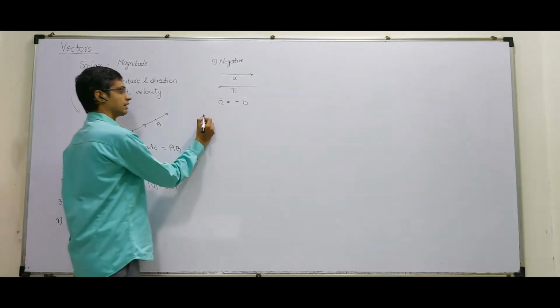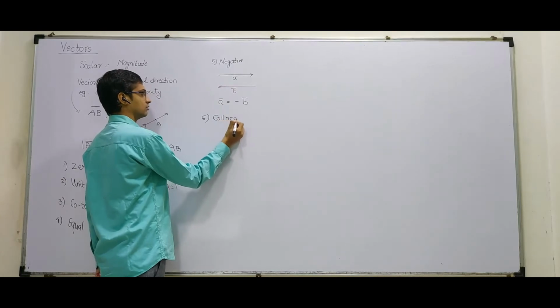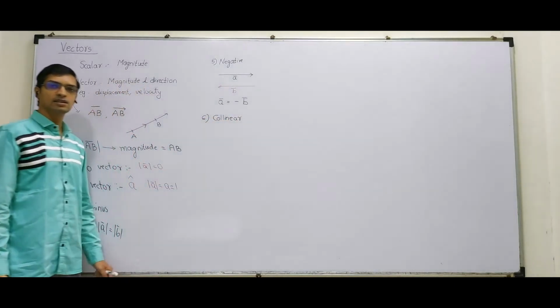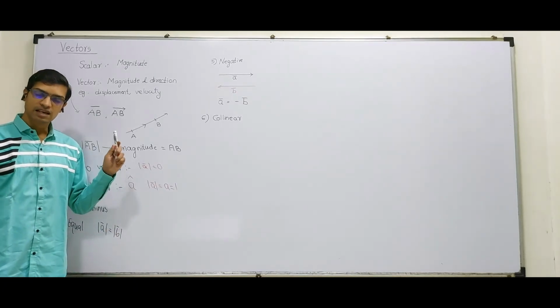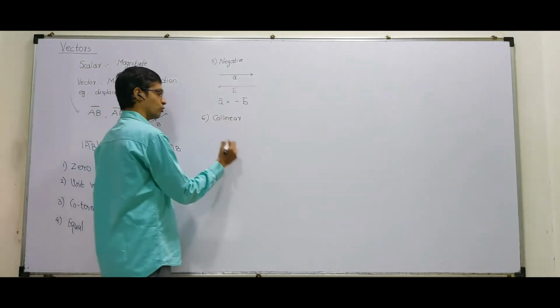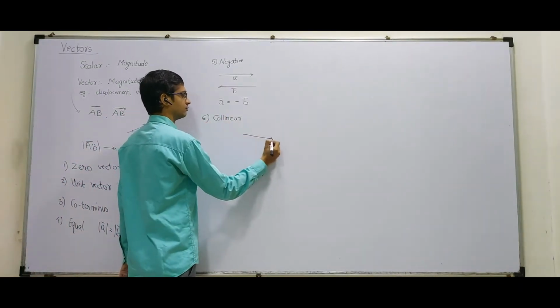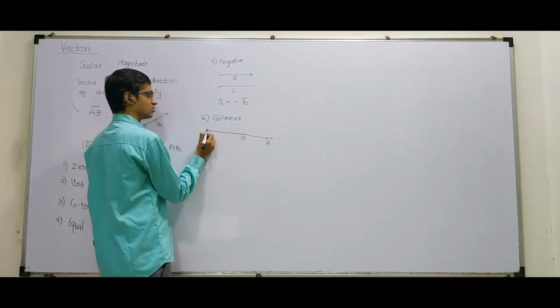Okay. And next we have collinear vectors. Two vectors are said to be collinear if they have the same point in common. See, this is OA and this is OB.